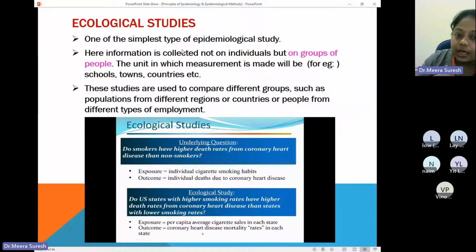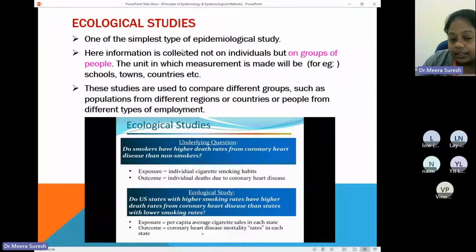And here information is collected not on individuals, but on groups of people. The unit in which measurement is made will be schools, towns, countries, etc. For example, in the image given just underneath, you can see in case of one question, the underlying question, the researcher wants to find out, do smokers have higher death rates from coronary heart disease than non-smokers? Which means he is going to take a group of smokers, and if he is going to study the individual person, the study will be different.